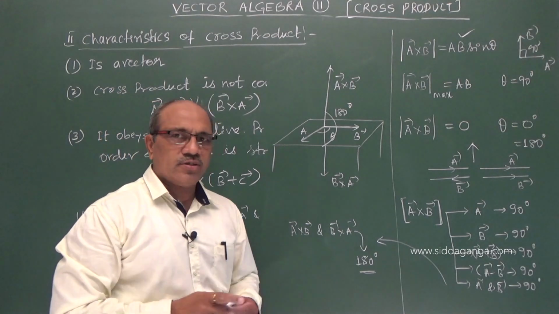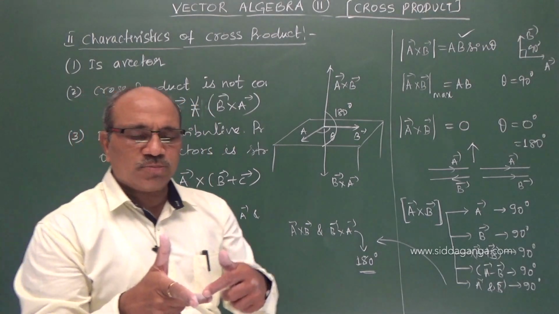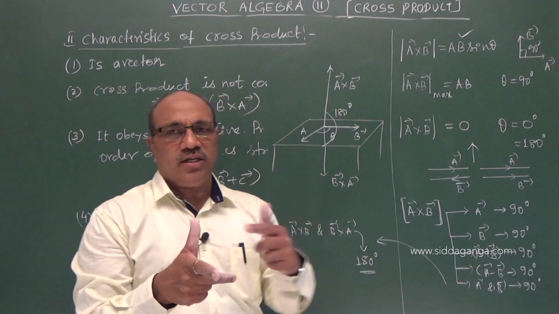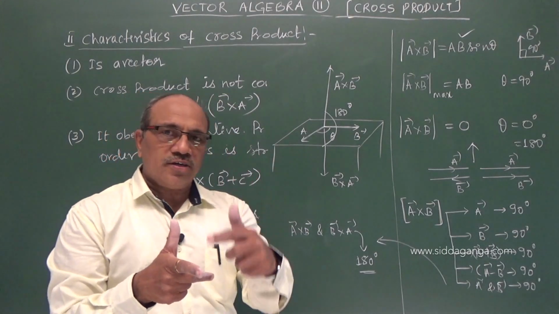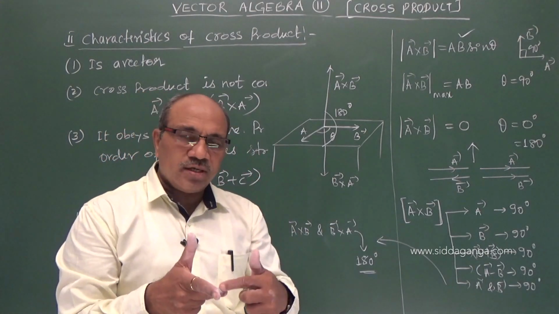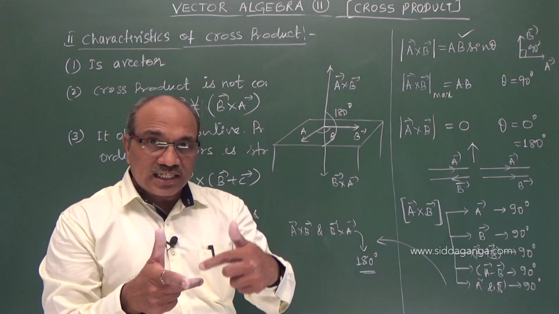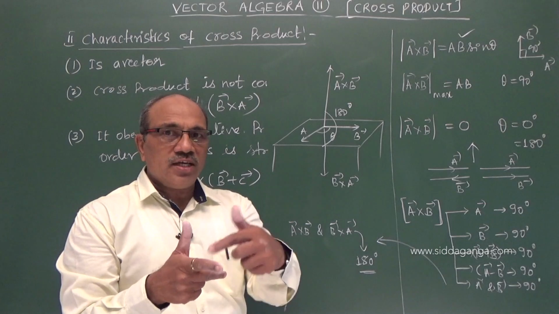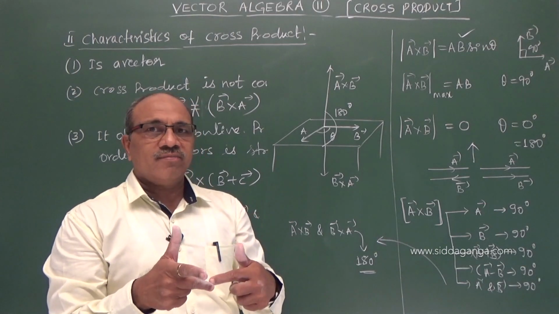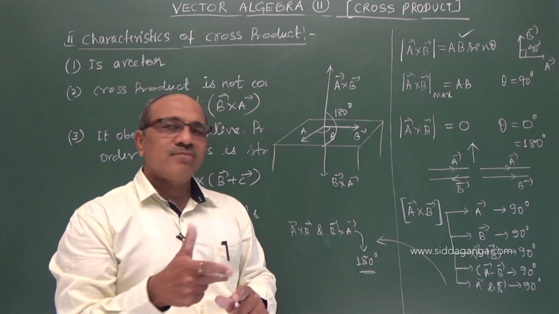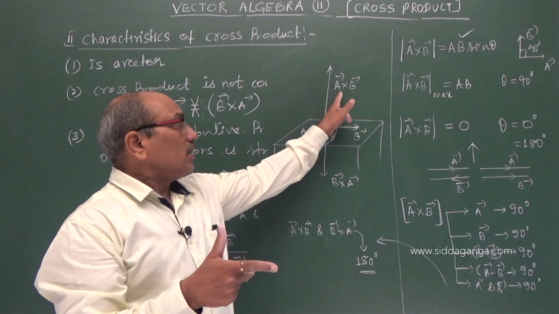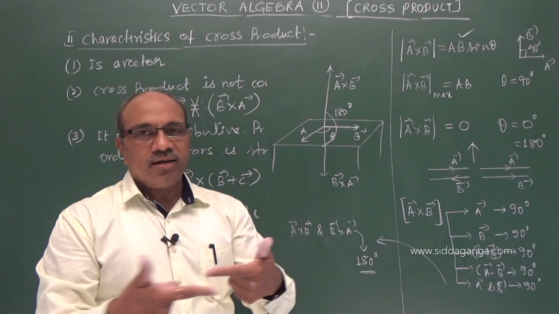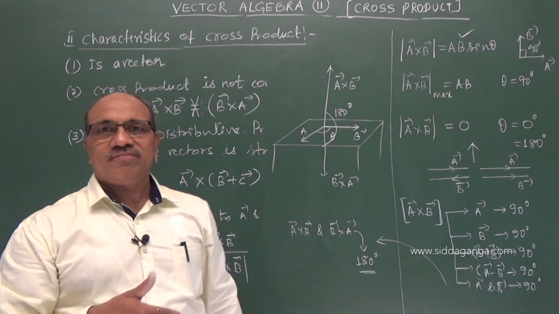Please remember this: A cross B is perpendicular to A, perpendicular to B, and perpendicular to the resultant of A and B, whether summation or subtraction, A plus B or A minus B. And further, A cross B and B cross A are opposite in direction.